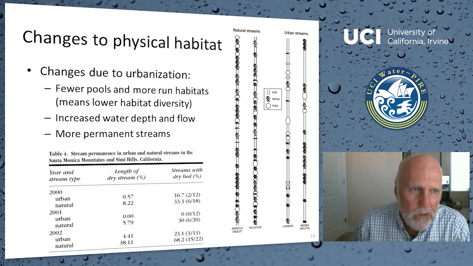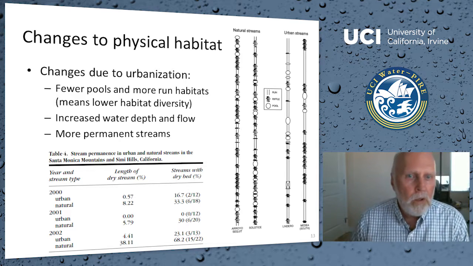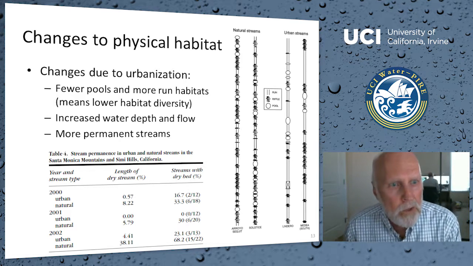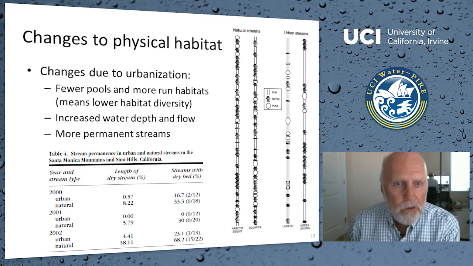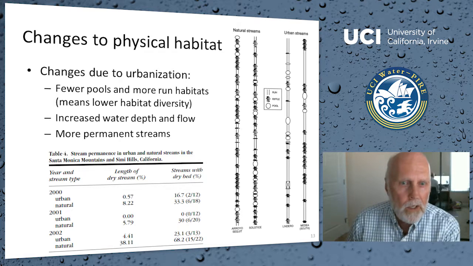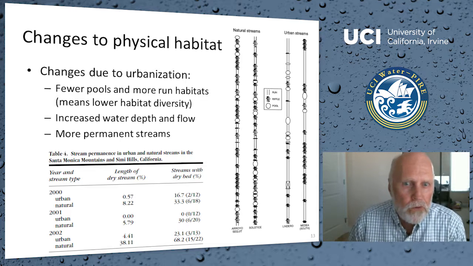So if we go to the next slide, we see that typical for the urban stream syndrome, we see changes to the physical habitat. I thought it might be interesting to look at what those changes look like. On the right, there's just a sketch, a diagram of what a natural stream would look like with the 3 different habitat types that we generally recognize in streams, so riffles, pools, and runs.